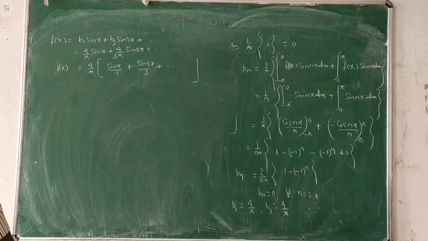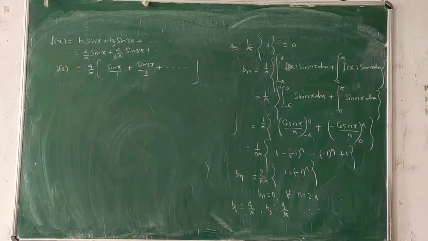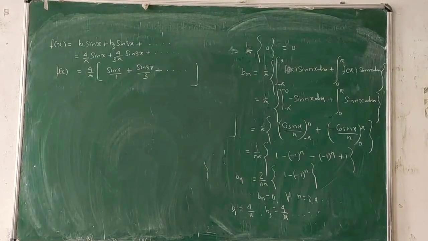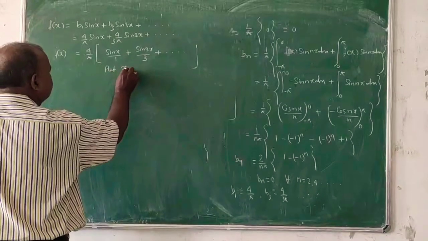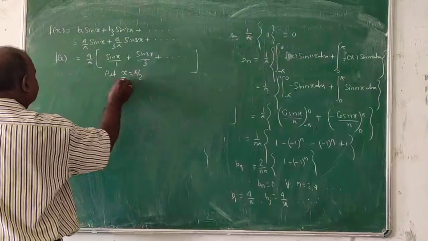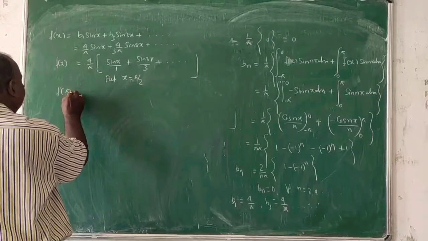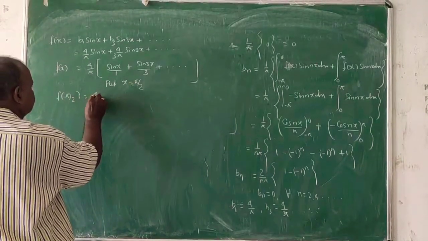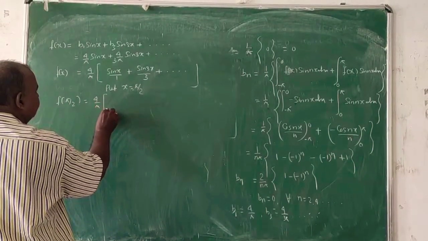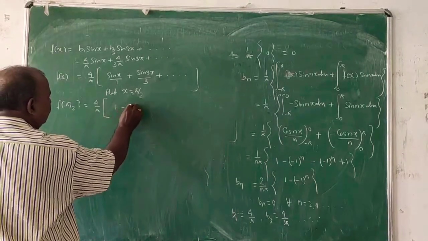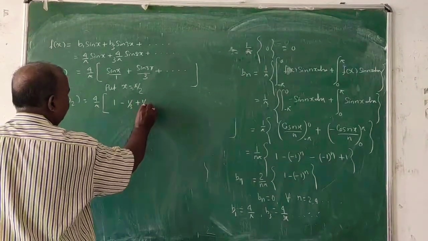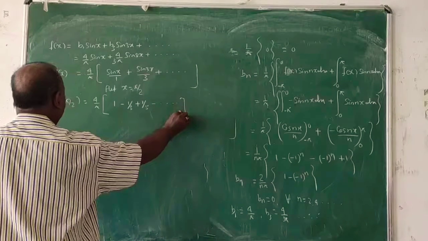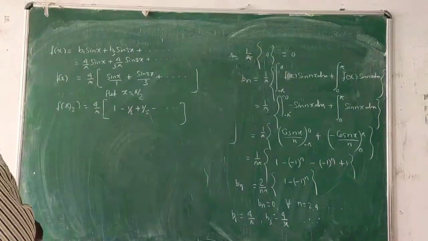Got it? Now let us take x equal to pi by 2 on both sides. So f of pi by 2 is equal to 4 by pi times sin pi by 2, which is 1, minus 1 by 3 plus 1 by 5, like that you will get. So what is f of pi by 2?